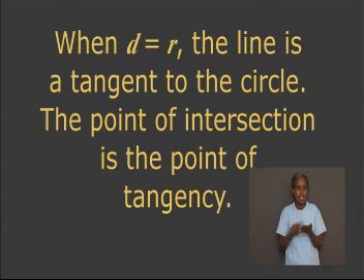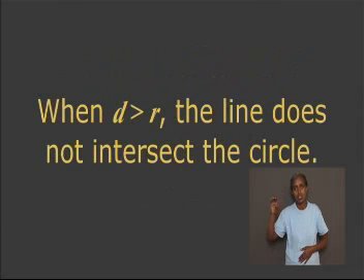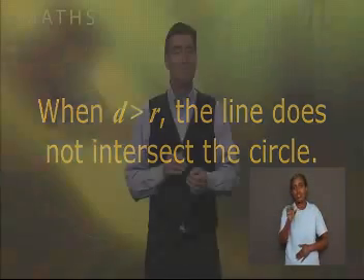This is called a tangent line to the circle. The point of intersection is called the point of tangency. Finally, if the perpendicular distance is greater than the radius, then the line does not intersect the circle. We will study these points of intersection in greater detail in the next lesson.